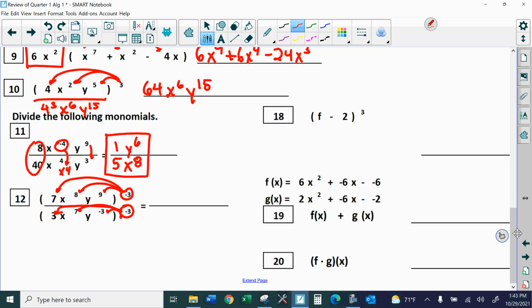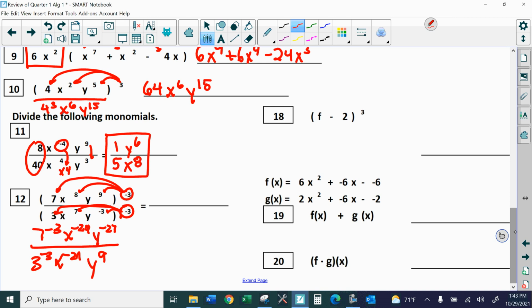If I do that, let me rewrite it as 7 to the negative 3, x to the negative 24, y to the negative 27, over 3 to the negative 3, x to the negative 21, y to the 9.